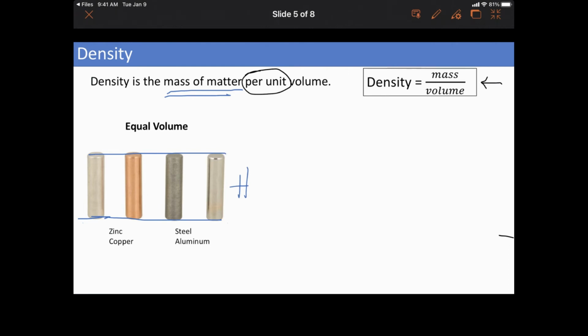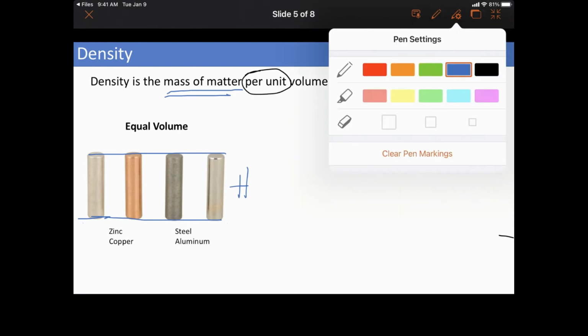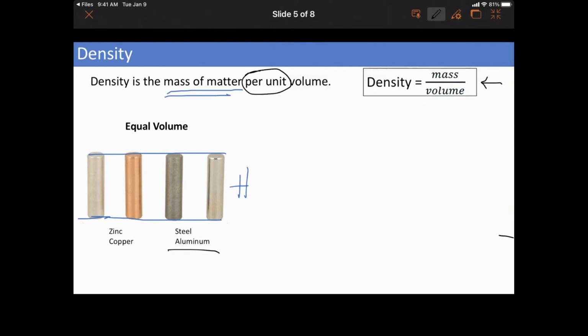But if you pick them up, would they all feel the same? If you know anything about the difference between aluminum, which hopefully you have some in your kitchen as aluminum foil, as opposed to steel, they'd be very different. So if you picked up each of these cylinders, their weights wouldn't be the same. Have you ever picked something up, like a fork or a bowl, and you're like, wow, that has a lot of weight to it, that's heavier than I thought it was?